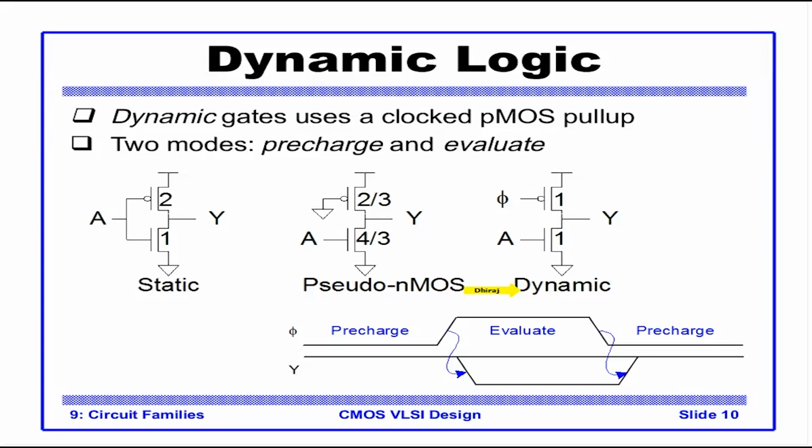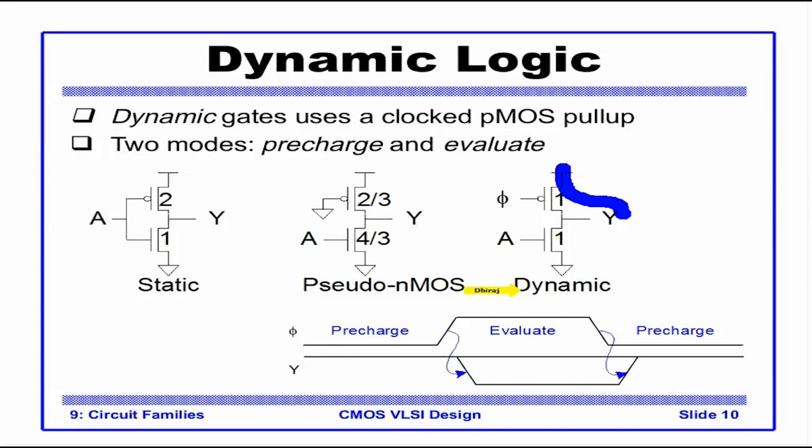Pre-charge, as the name suggests, means pre-charging the node to some value. In this case we are talking about node Y. Whenever the clock is 0, Y is pre-charged to VDD. So there is a path from VDD to Y, and Y gets pre-charged.